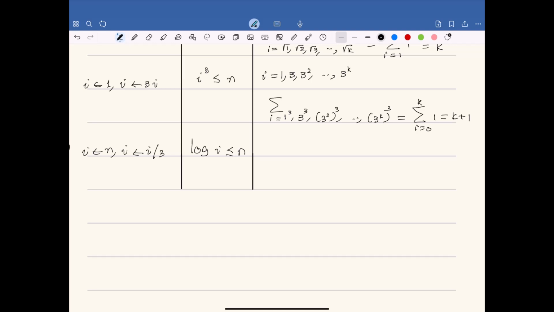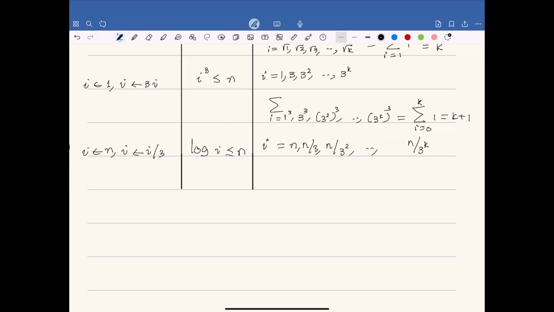The first value of I is equal to n. Divided by 3, we get n over 3. Divided by 3, we get n over 3 square. And in the last iteration, the last value of I will be equal to n over 3 raised to power k.